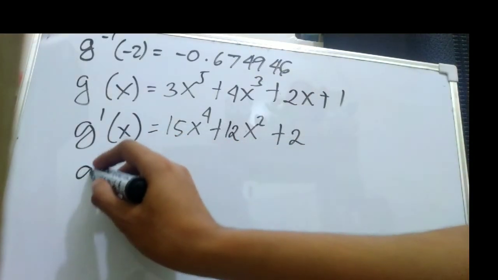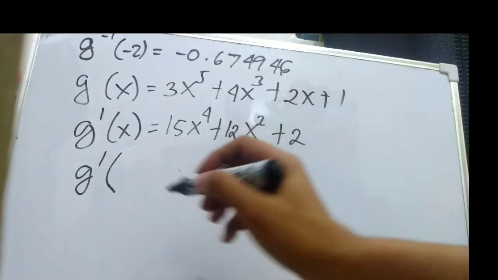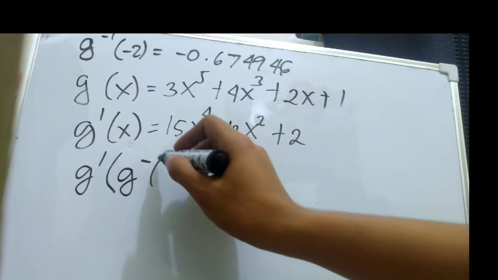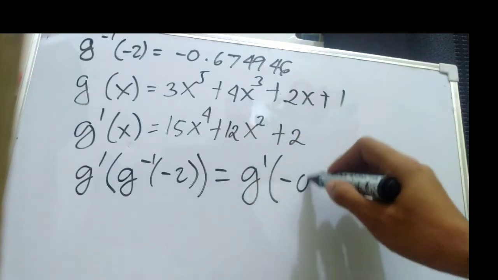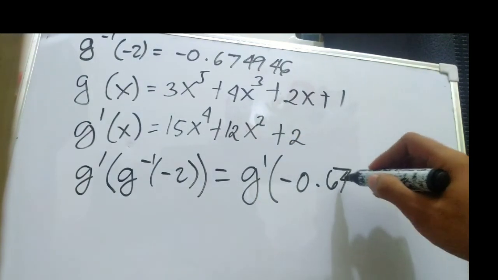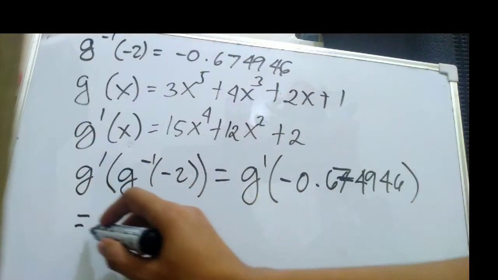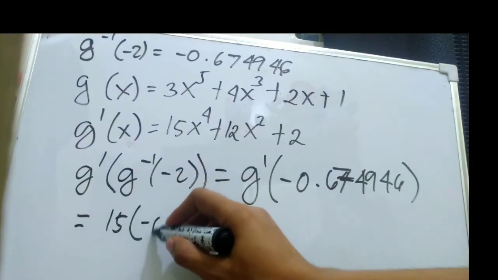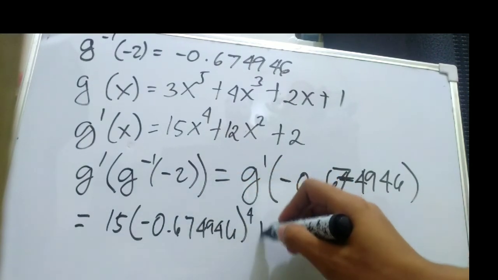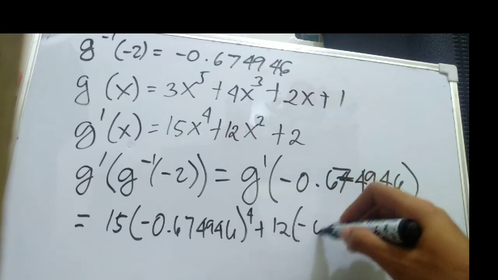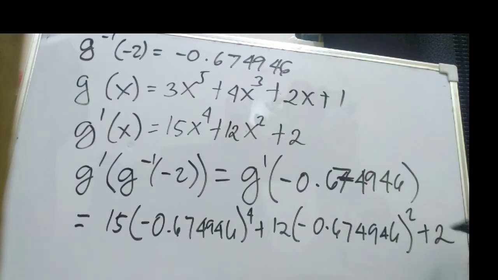Next, we have g prime of this. So that's g prime of g inverse of negative 2, which is the same as g prime of negative 0.674946. This gives us 15 times negative 0.674946 raised to 4 plus 12 times negative 0.674946 squared plus 2.